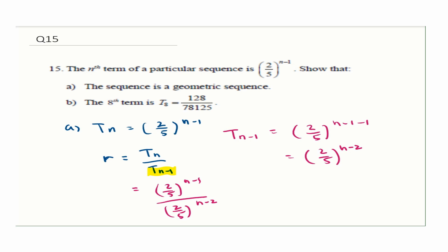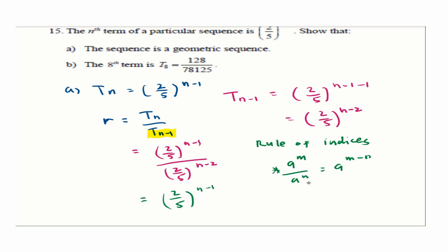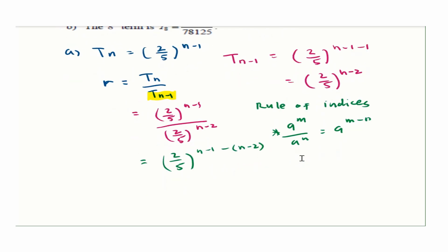So here we are going to use the rule of indices, which is, let's say, A power m divided by A power n becomes A power m minus n. So then this one is 2 over 5 power n minus 1 minus n minus 2. So then it becomes negative 1, the n is gone.